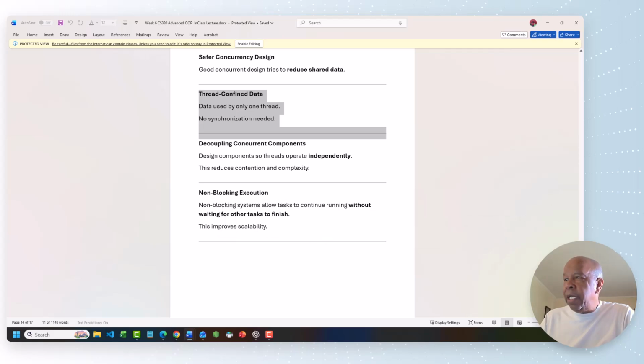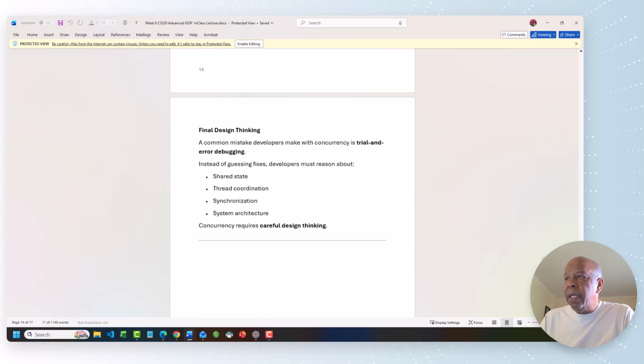Okay, so the non-blocking execution. Okay, final thinking: a common mistake developers make with concurrency is trial and error debugging. As we said, since we can't totally duplicate the situation exactly, with trial and error, if you get it, you're lucky that you actually fix something. It is not a stable way of determining where my problem is.